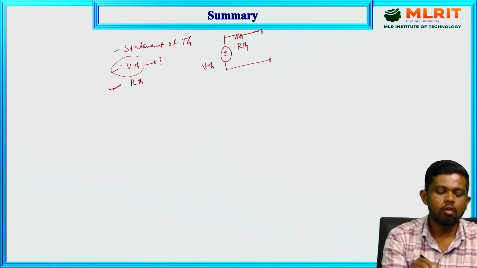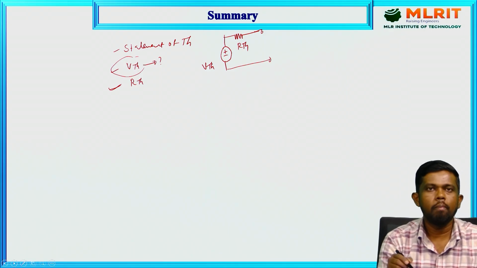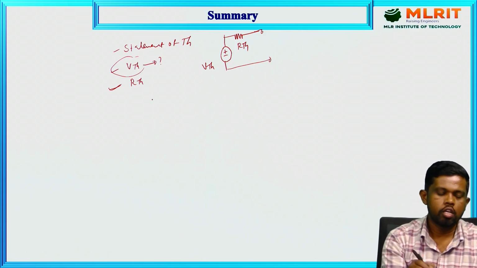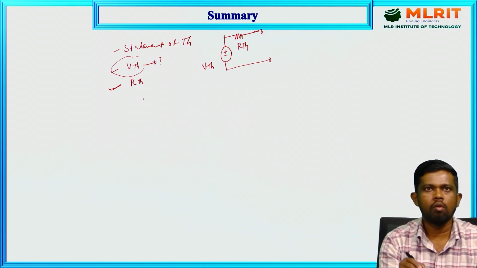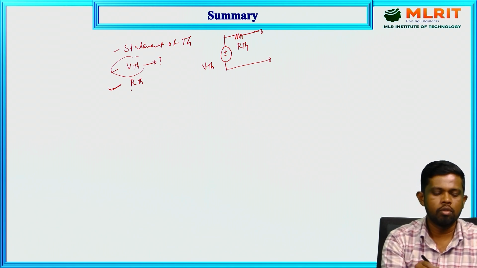And how to get the VTH? We simply remove the load resistor from the load terminals, and the voltage across those terminals is called VTH. And for RTH, we simply remove all kinds of sources present in the network and also remove the load. Whatever resistance is seen across the load terminals, that equivalent value is the RTH value.